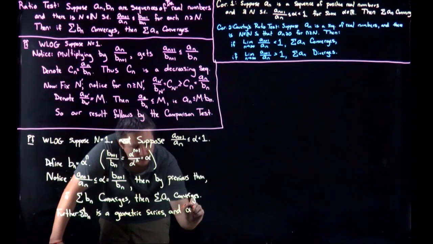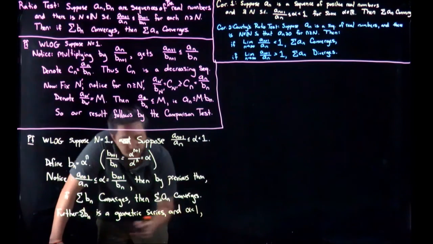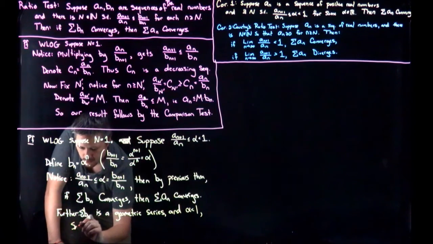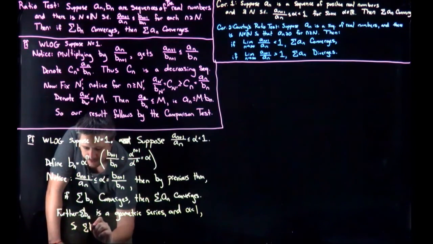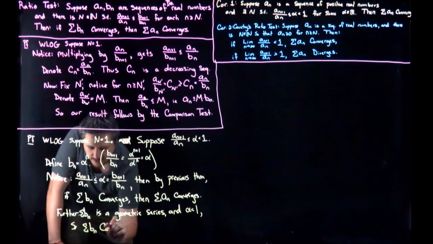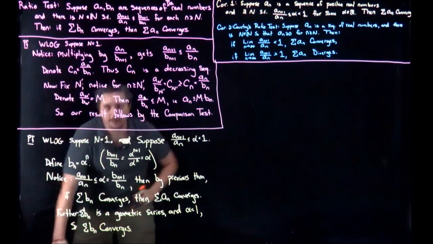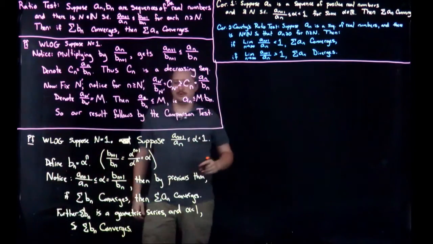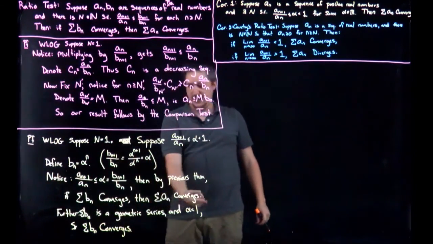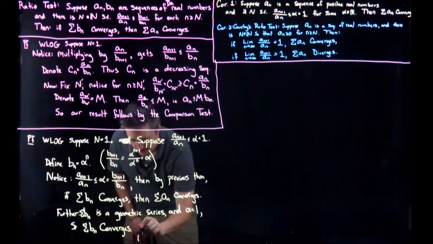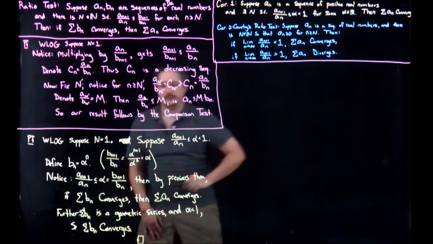And alpha is less than 1. So this series bn converges. So since bn converges, an converges, and we're done. Okay.